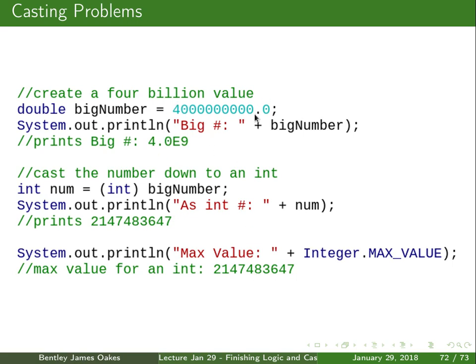So even though I have a number that doesn't have a decimal part to it, when I cast it, it's throwing away part of it. I've gone down from 4 billion to 2.1 billion. If this was your bank account, you would really care about that. An integer can only hold up to 2.1 billion, so you have to care about these types if you're doing a real program.